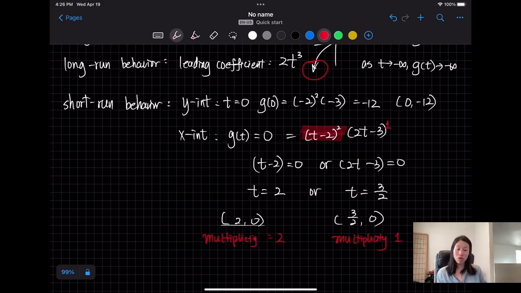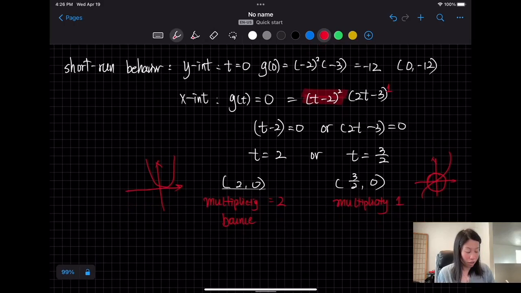If it's an even number, the short run behavior is going to look like that of a quadratic function, which means this is going to be a bounce. For an odd number, the short run behavior is going to look like a cubic function, which means it's going to be a cross.